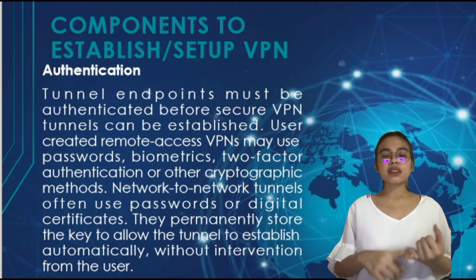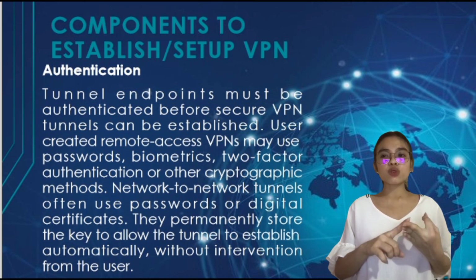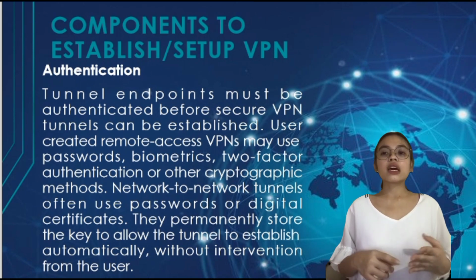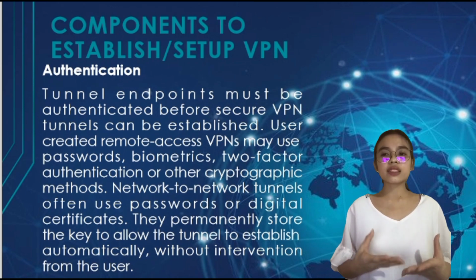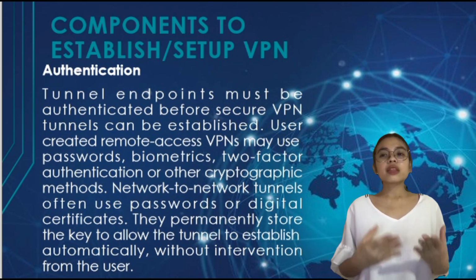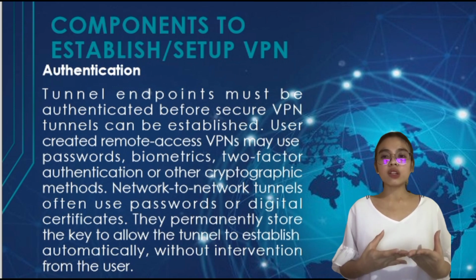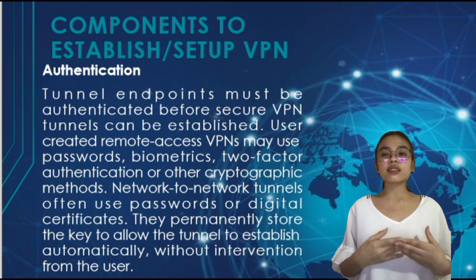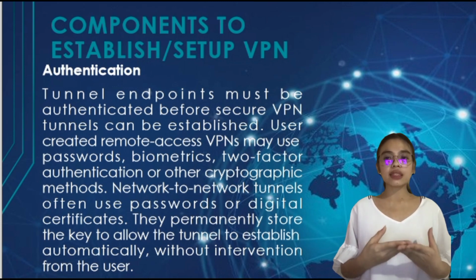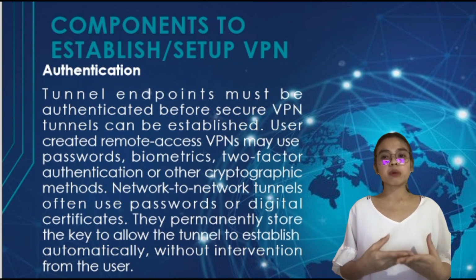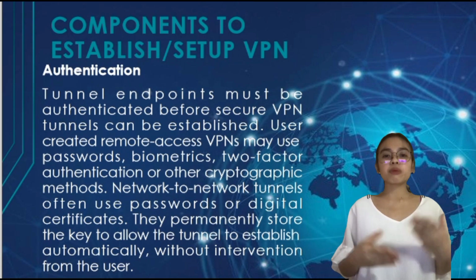VPNs may use passwords, biometrics, two-factor authentication, or other cryptographic methods. Network-to-network tunnels often use passwords or digital certificates. Depending on the VPN protocol, they may store the key to allow the VPN tunnel to establish automatically without intervention from the administrator or from the user.